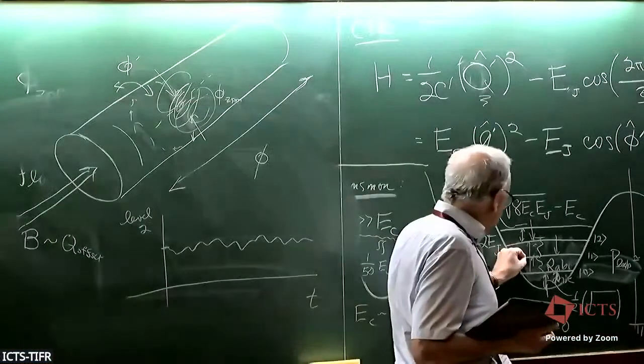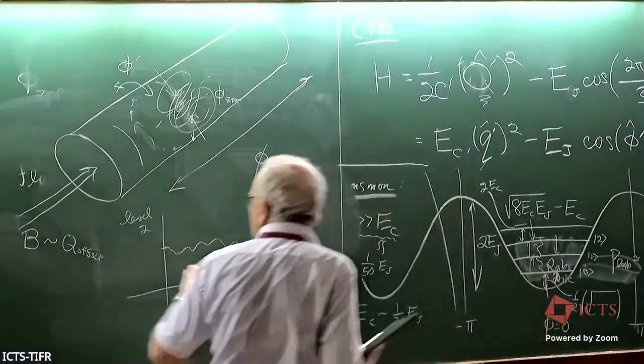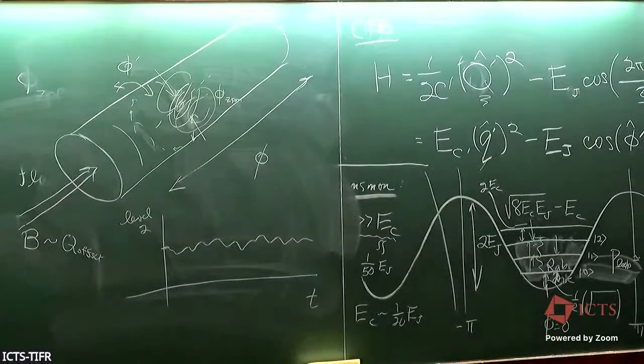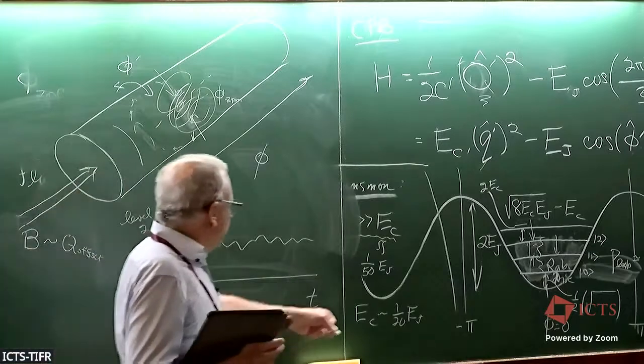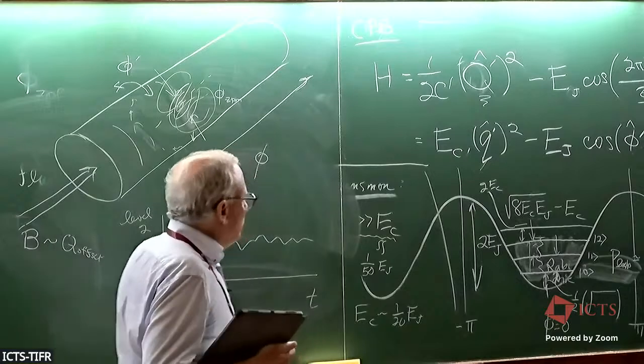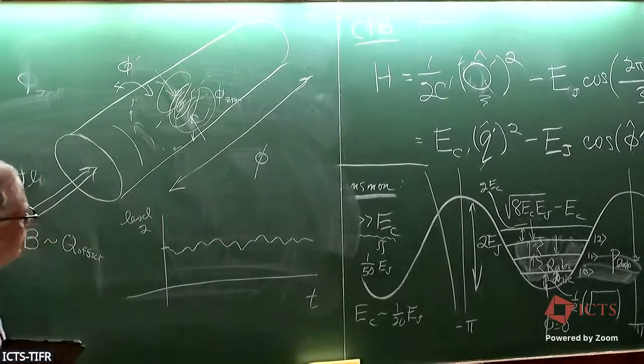So it's far better to work in this regime where you're not sensitive to this fictitious flux, this vector potential. And so that was finally the reason why one retreated into this transmon limit of this device.